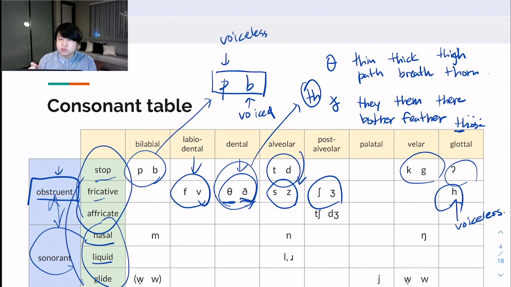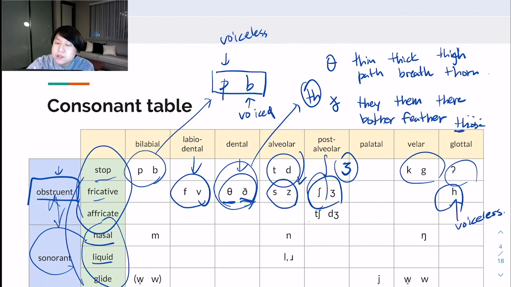So try not to get confused with these. Sha sounds like a longer version of S, or it looks like an integral in math. The zha sound is used in words like pleasure, usual, Asian, genre. Those kinds of words have this voiced post-alveolar sound.